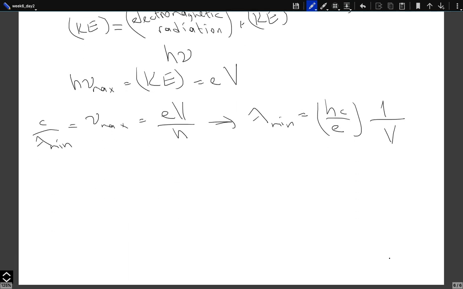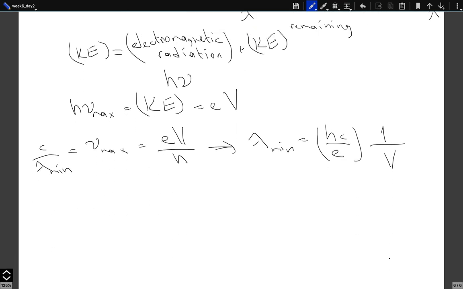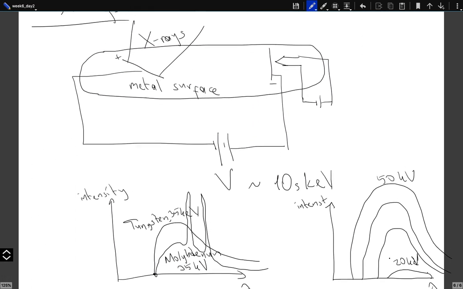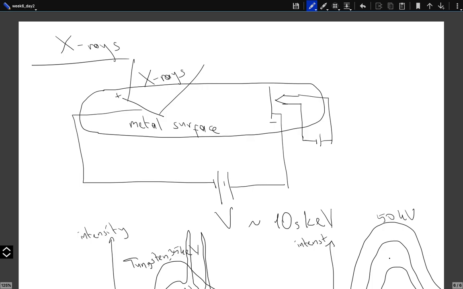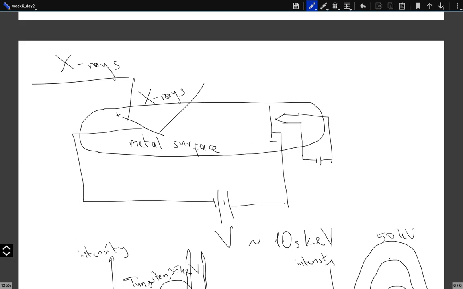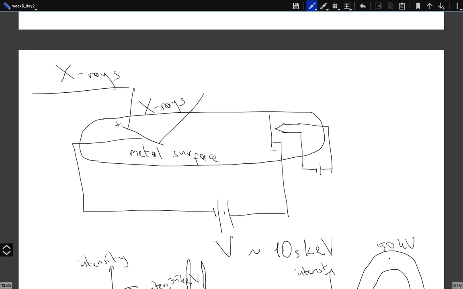And before you ask, will that behavior extend to V equal to 0? No, not really. You see, here we made a couple of approximations. One approximation was that here we have the electrons. When the electron enters the metal, its kinetic energy increases because of the potential difference.